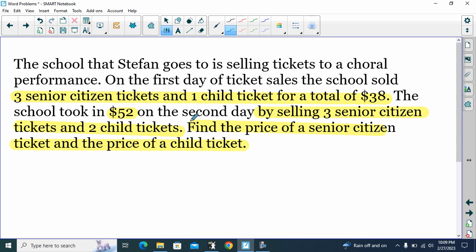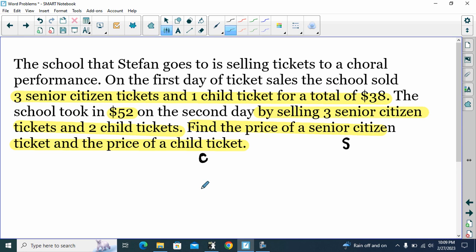Whatever we're trying to find, in this case, the price of a senior citizen ticket and the price of a child ticket, those should be our variables. So price of a senior citizen ticket, we're going to call that S. S for senior citizen, price of child ticket, C for child.